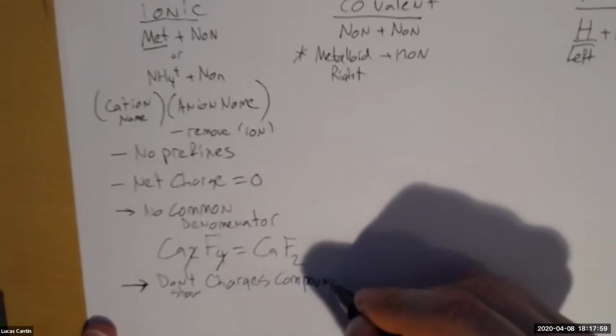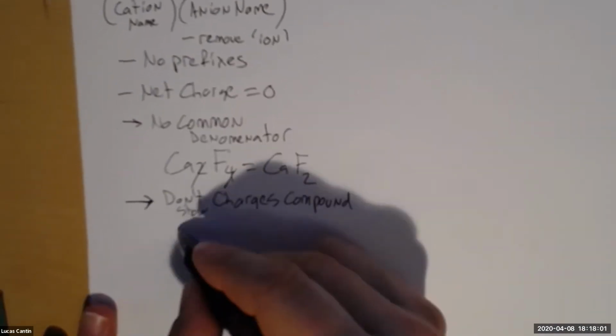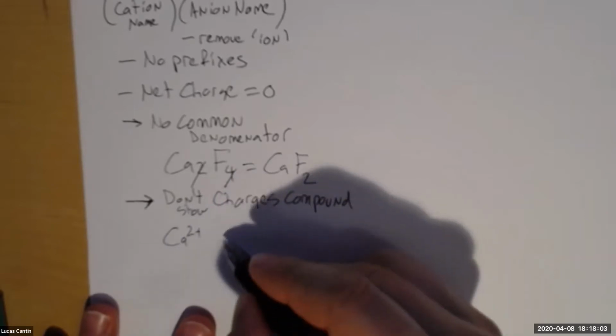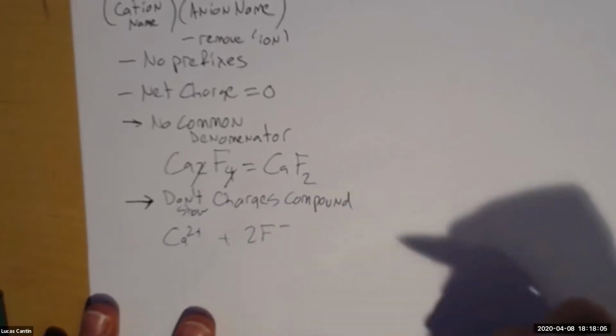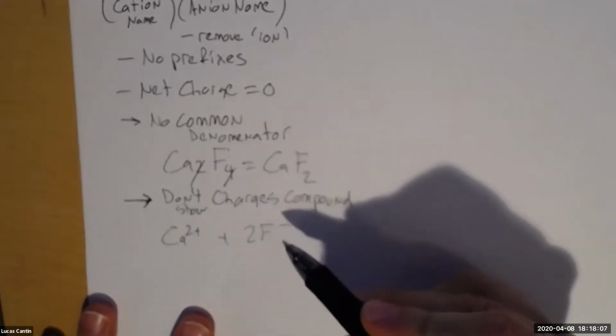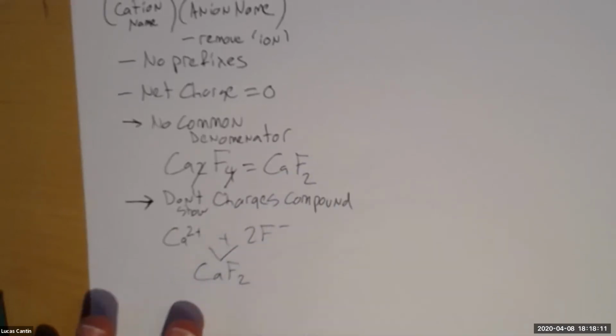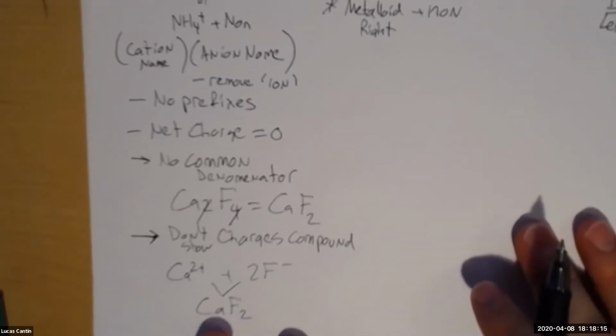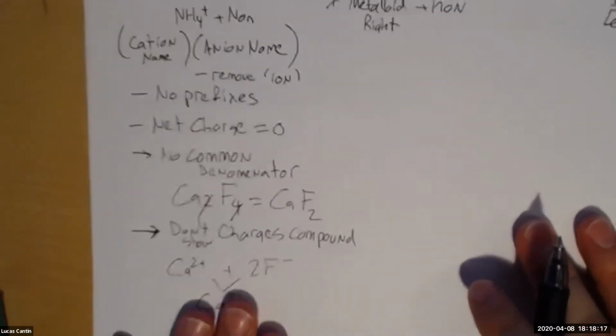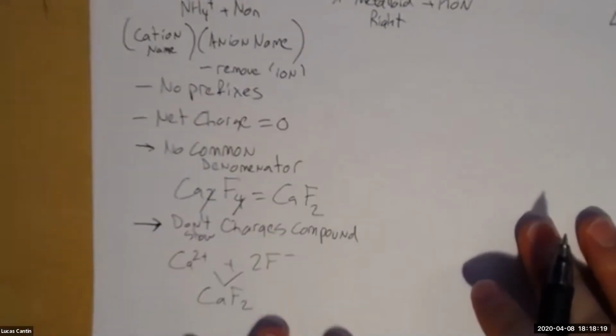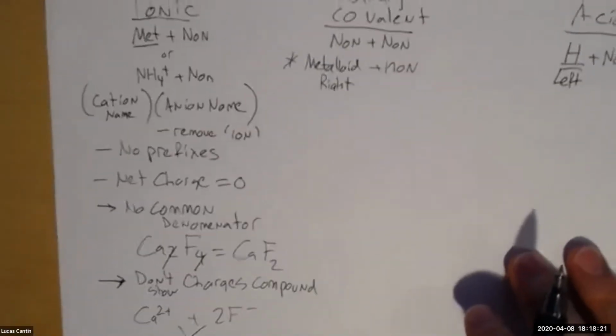When they come together, so you can have calcium 2+ by itself and fluoride ions by itself, you need to show the charges, but when they come together to make a compound, no charges shown, right? Okay. So that's the rule. I'm just going to keep this as my rule page.